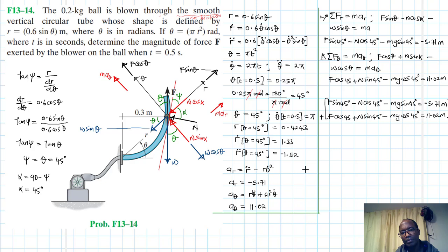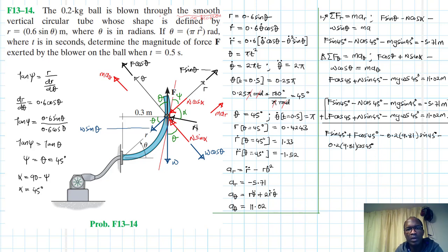So let's add them. So here we'll have F sine 45 plus F cos 45. Then this and this goes. Then we will have minus 0.2 by 9.81 sine 45 minus 0.2 by 9.81 cos 45.